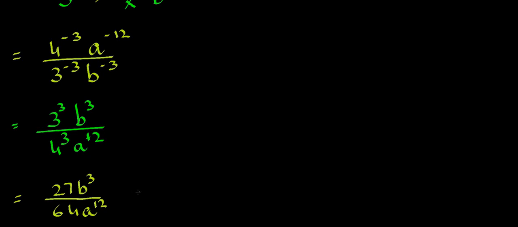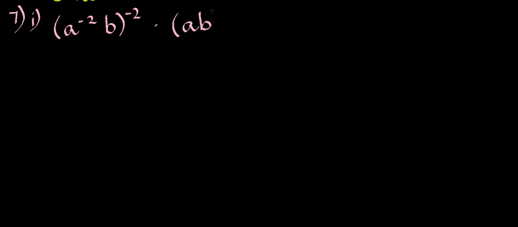In case you wish, you can also write it as 27 upon 64, a raised to minus 12 and b raised to 3. Both the answers are right. Absolutely right. Let's move to the next question.